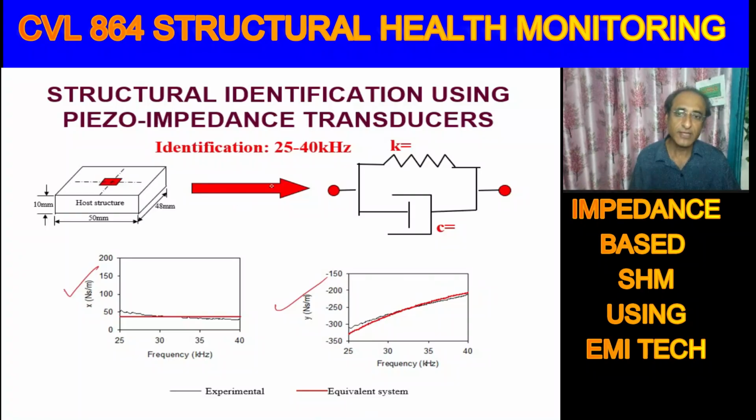That means we have identified the system like this. So this is our system. By the values of x and y, we can even find out the value of k and c. So we are doing an identification. We are analyzing the structure as a parallel combination of k and c, and this has been revealed to us by the piezo patch.